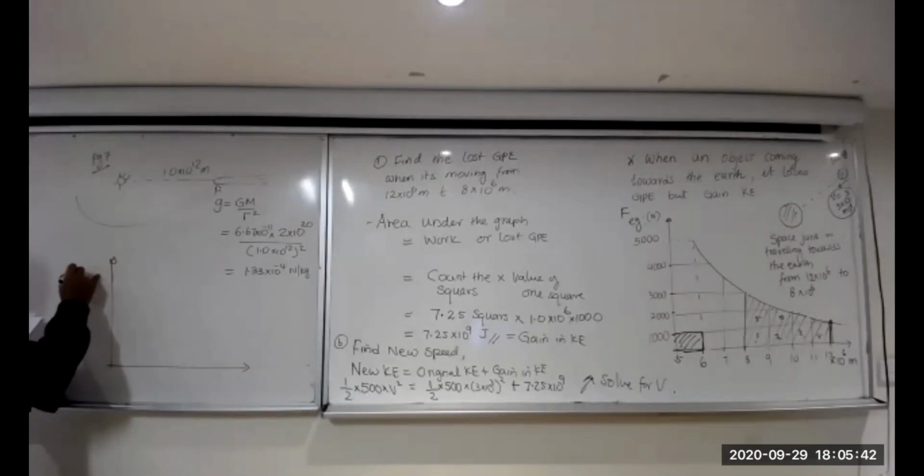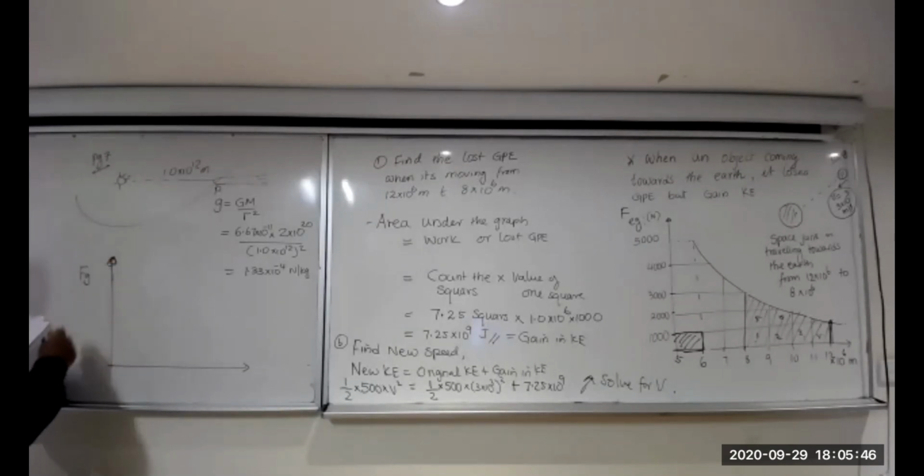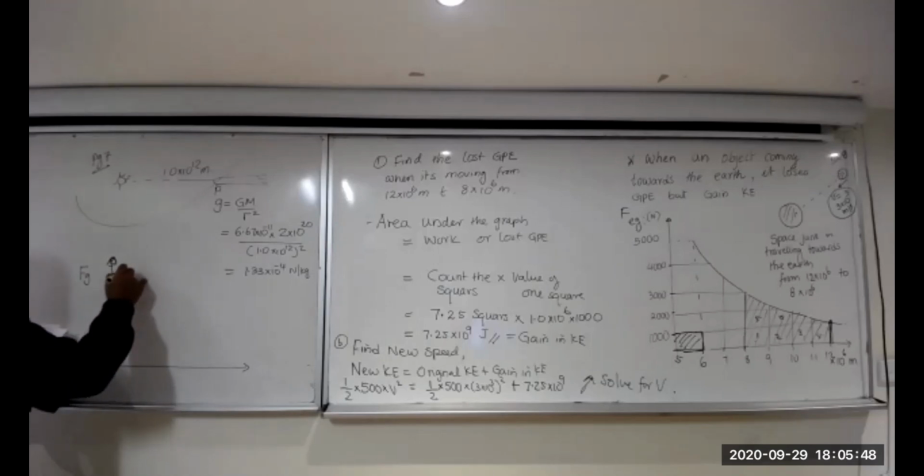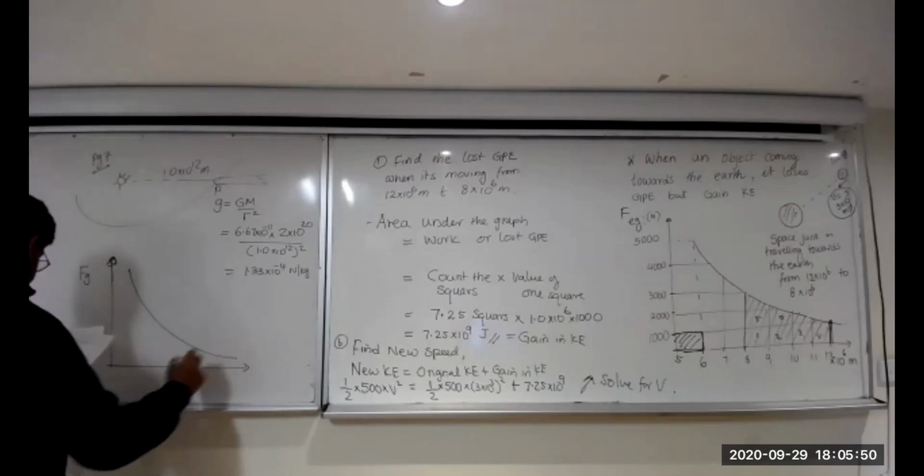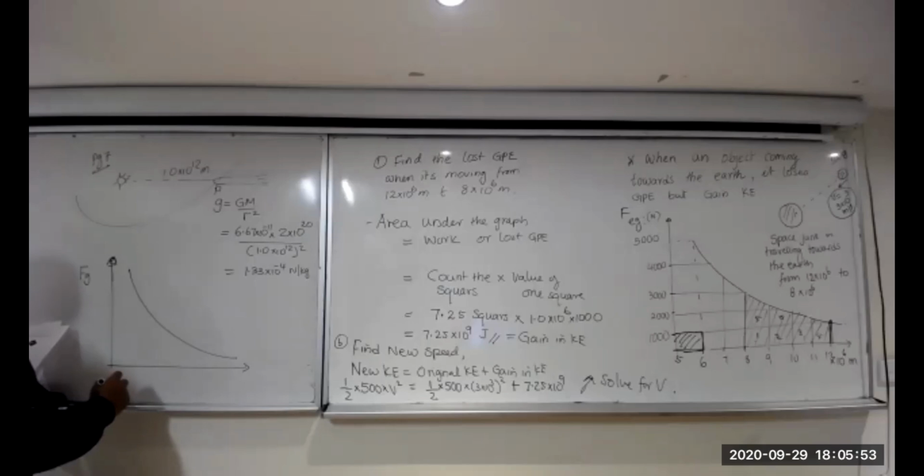Now they're giving the gravitational force here as well. If they give the gravitational field strength, guys, you need to times it by the mass. So it's moving from 10 to the power 12.